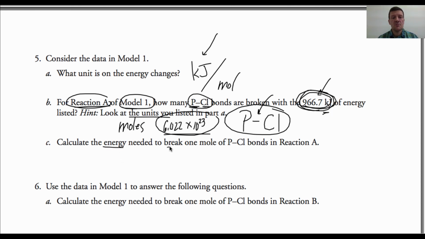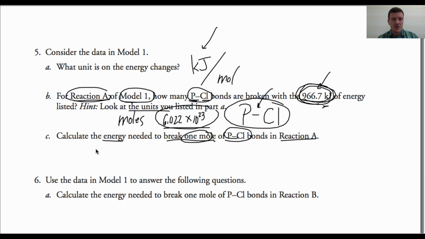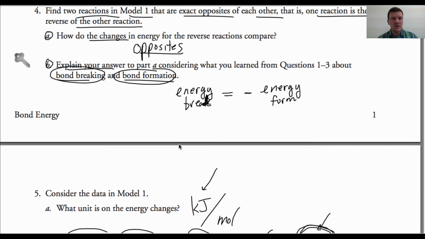Calculate the energy needed to break 1 mole of P-Cl bonds in reaction A. So if we look here, we've got 1 mole of them. So it's going to take 966.7 kilojoules to break apart a mole of the, let's check up here.